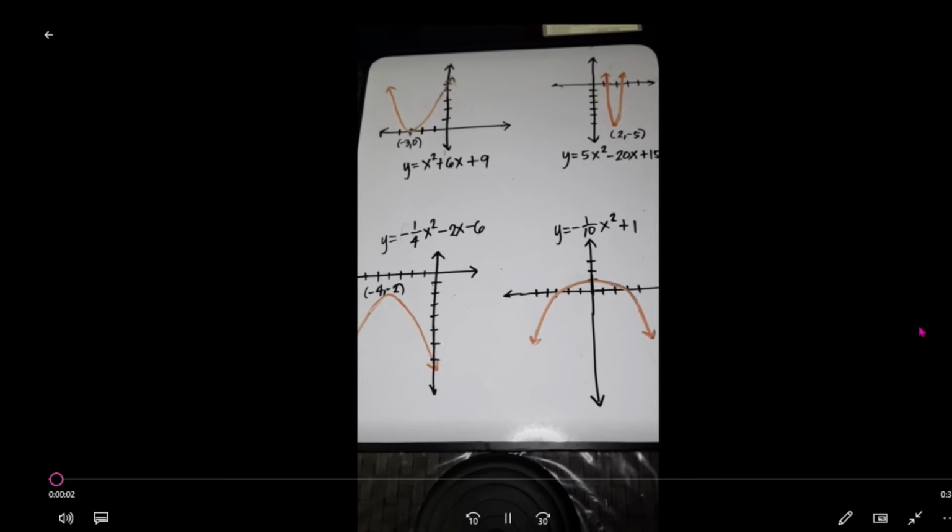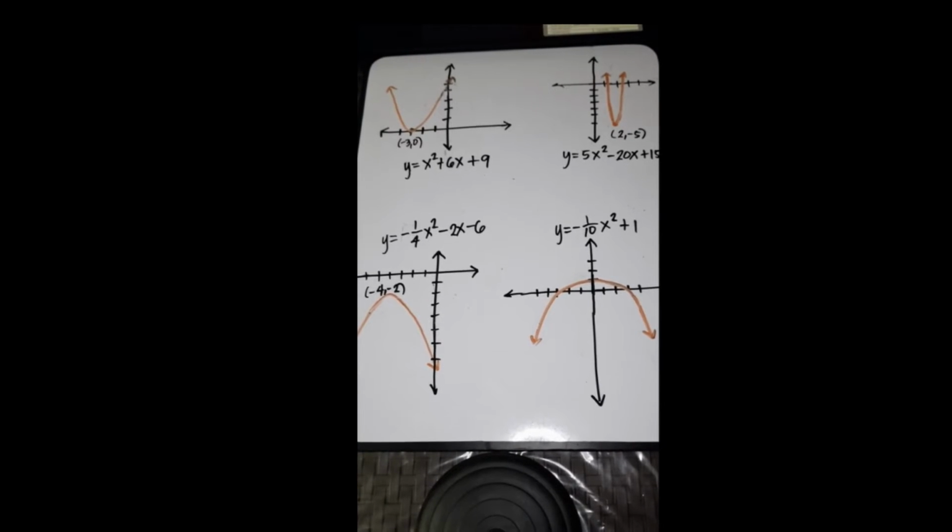Okay, before we discuss the effects of changing the values of a, h, and k in the graph of a quadratic function, let us first identify the visual characteristics of the graph of a quadratic function. So first, the graph of a quadratic function is called a... yes, correct, a parabola. It is called a parabola.